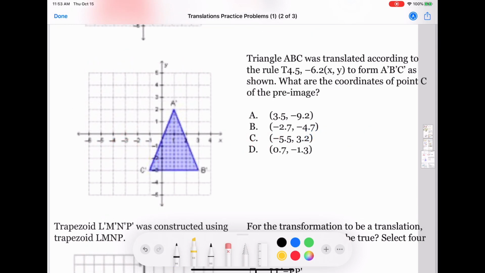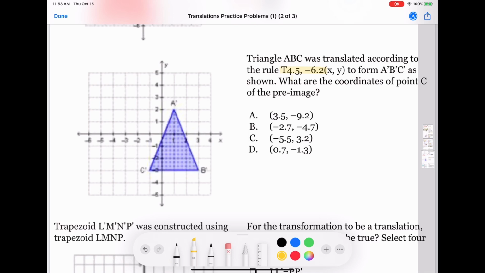Before we conclude, I want to introduce one more type of question that you might see. This question states the triangle ABC was translated according to the rule, translation 4.5 units to the left and 6.2 units down, to form our image A prime, B prime, C prime, as shown.